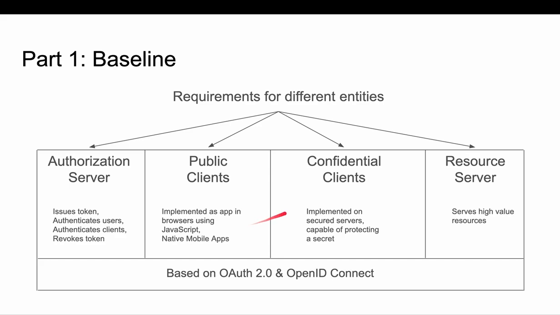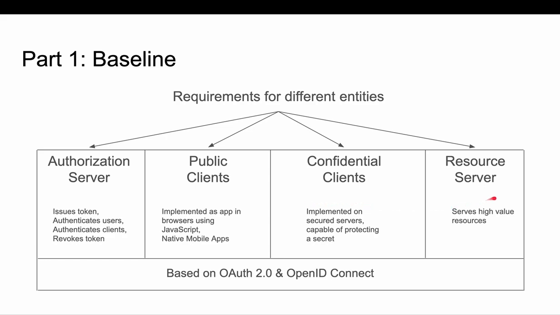And then the spec talks about confidential clients. Those are usually clients that are implemented on a server. So it's a secure server, of course, and it is able to protect a secret, a client secret. And again, if you don't know what confidential clients are, please look at the video that you'll find on my channel.